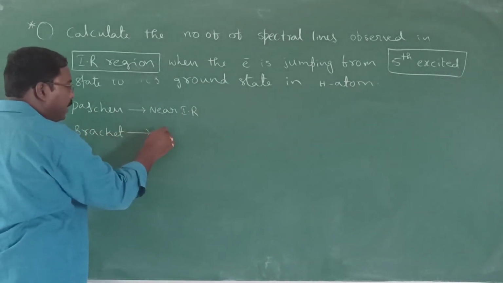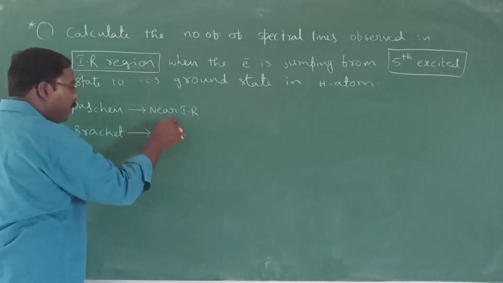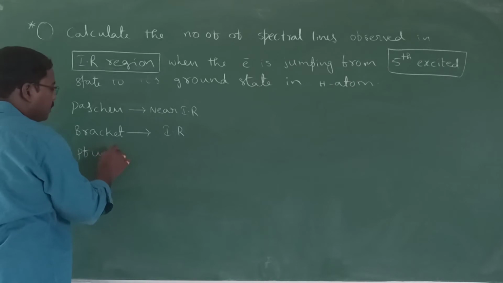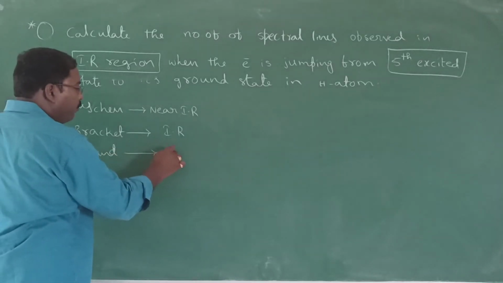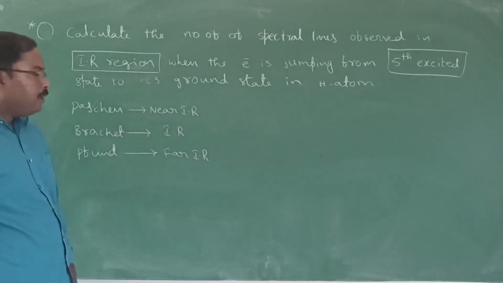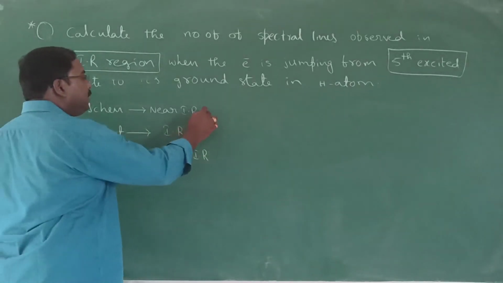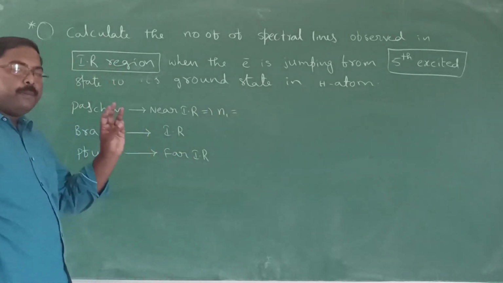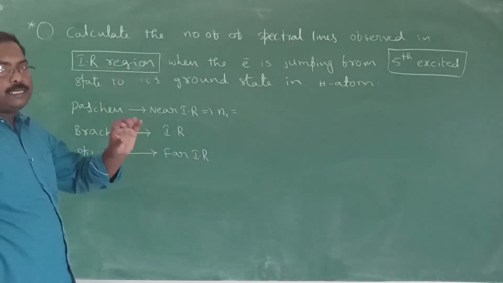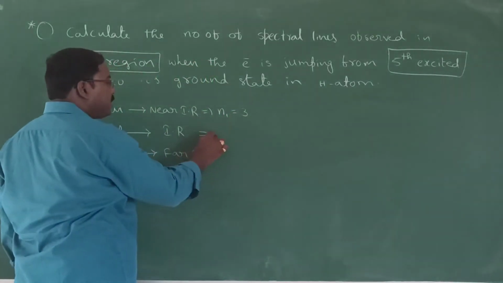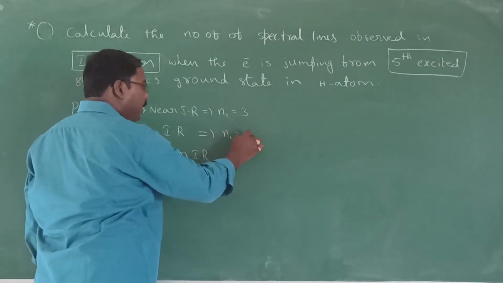Brackett series of spectral lines in the middle infrared. Pfund series are observed in far infrared region. So in the case of Paschen series, n1 is how much? Lyman, Balmer, Paschen, third series. So n1 is 3. In this case, n1 is 4.